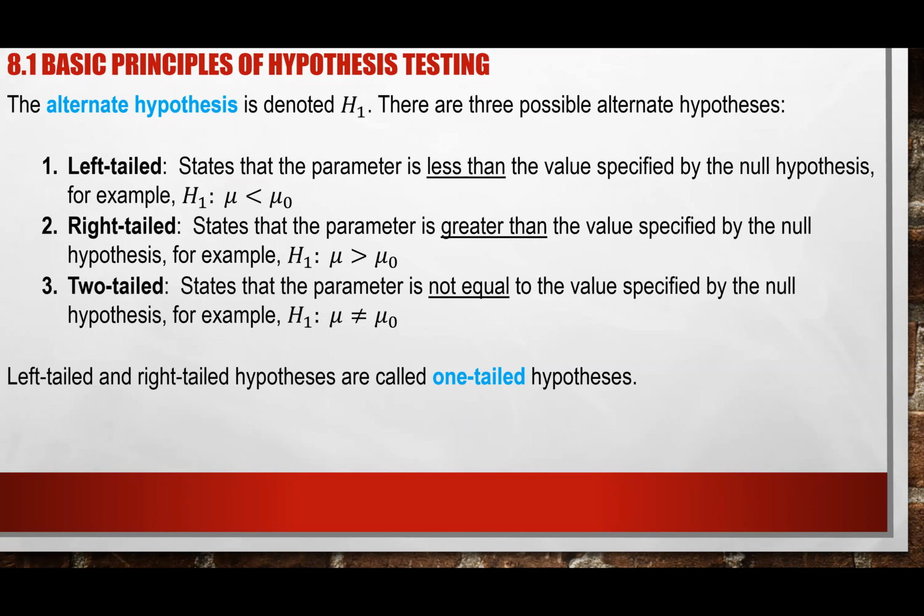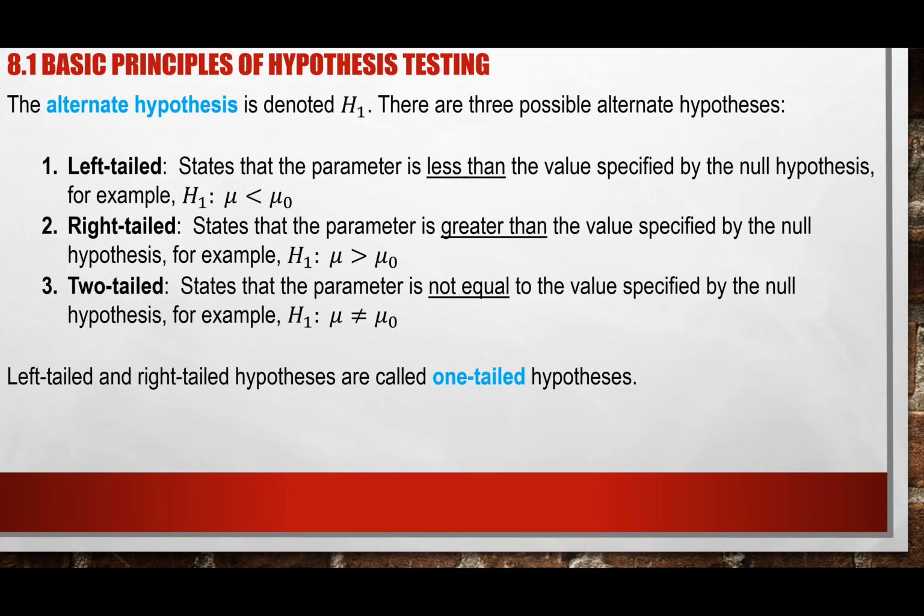Okay, so again, the first thing that I want you to take out of 8.1, and this is what you will do a lot, is to state the hypothesis. The H sub 0, which is the null hypothesis, can only take on an equal sign. The H sub 1 can take on 3 different signs depending on what your claim is.